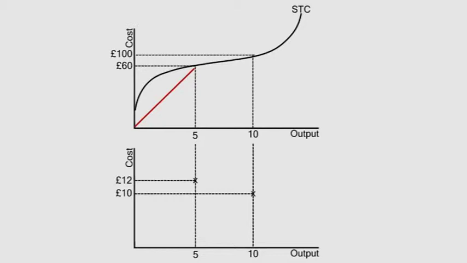At 10 units of output, if we divide £100, this distance here, by the 10 units of output, 100 divided by 10 gives the slope here. It's a less steep slope, so the average cost is lower.